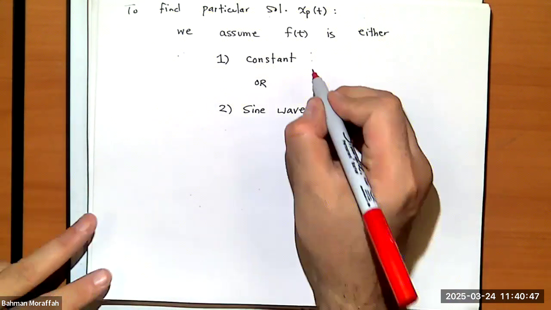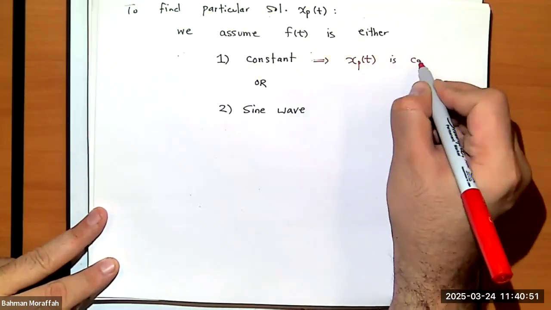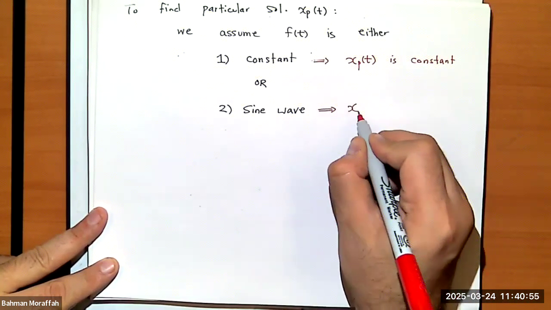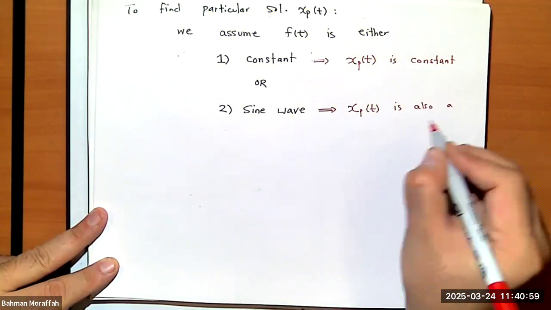If it is constant, what it means is that xp of t is constant. If it is a sine wave, we know xp of t is also a sine wave.